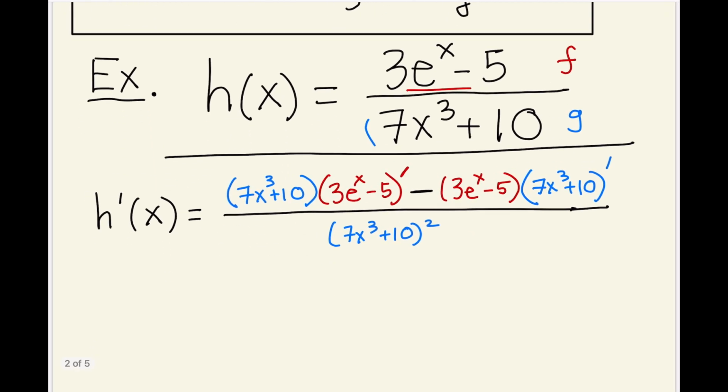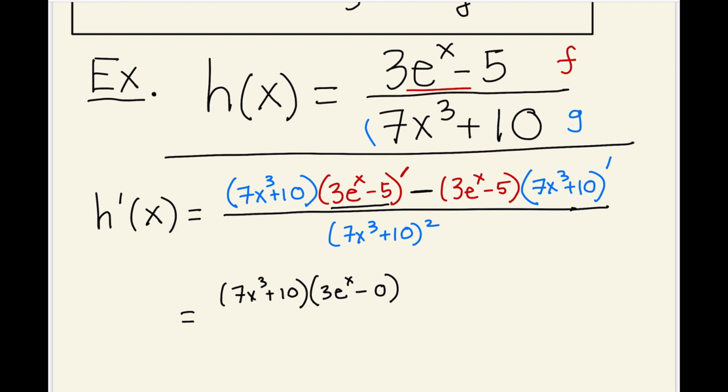Let's actually calculate the derivatives now. I have 7x cubed plus 10 times the derivative of this guy, which is 3e to the x plus 0, or minus 0. Not that it matters. Remember that the derivative of 3e to the x is 3e to the x.